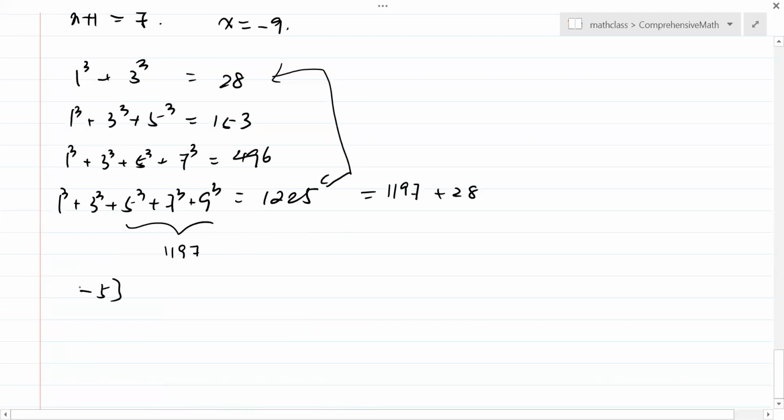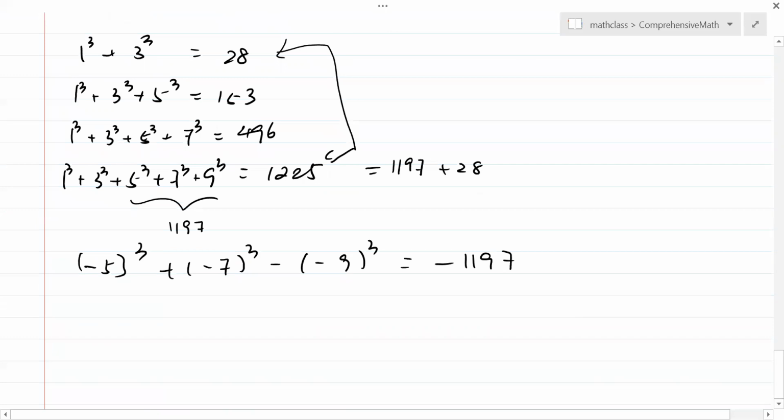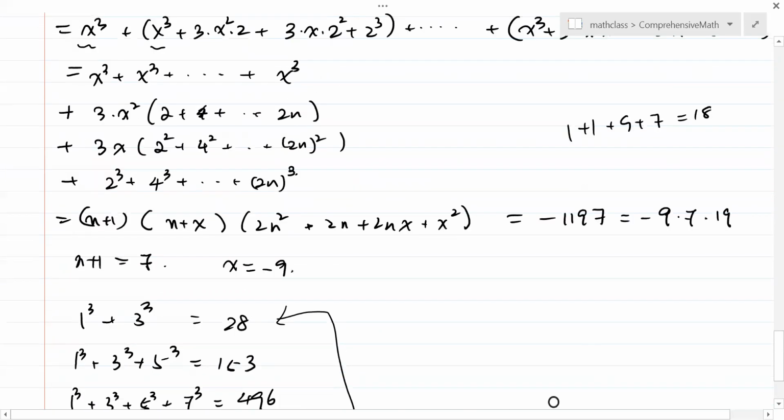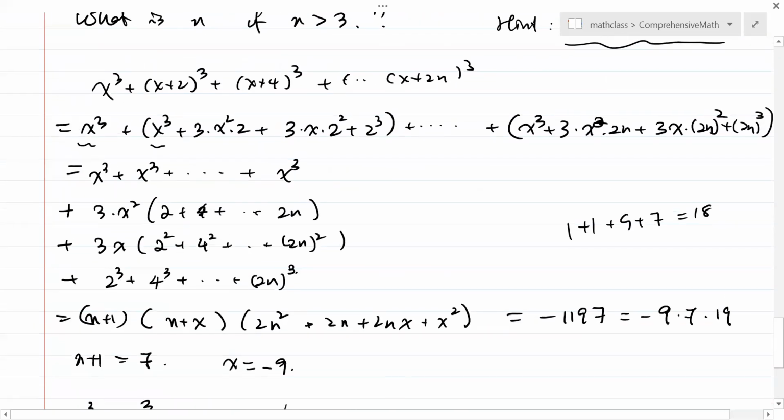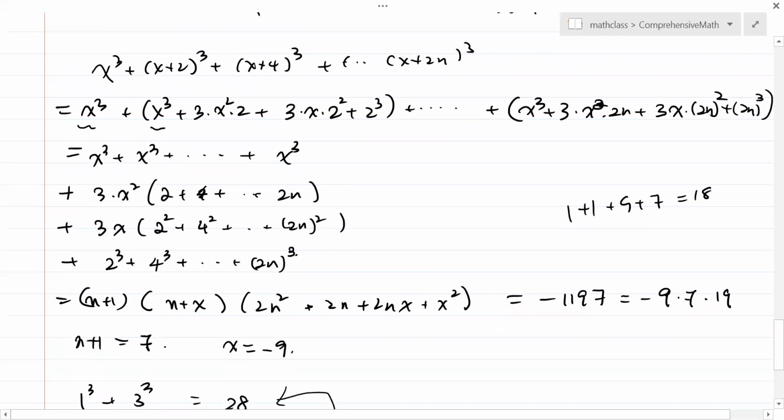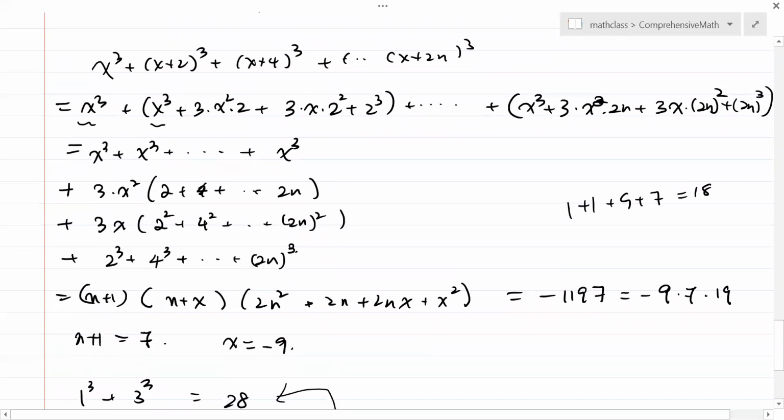Now, negative 5 cubed plus negative 7 cubed plus negative 9 cubed is going to be negative 1,000. Then you know how to get the x in. So I remember n cubed plus, you only have 3 terms.